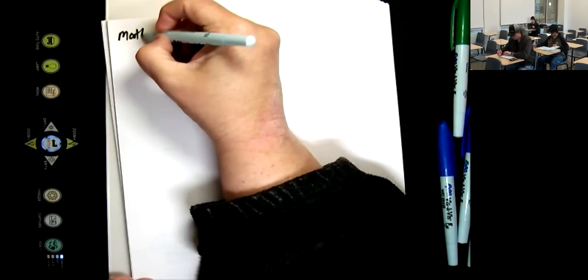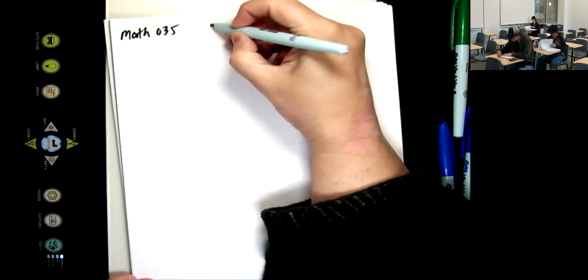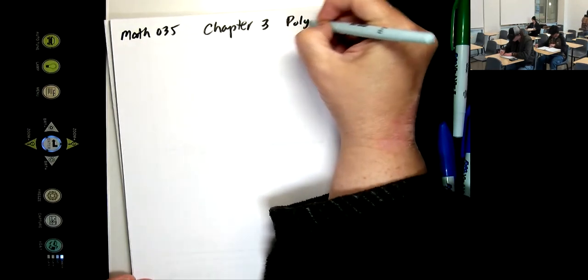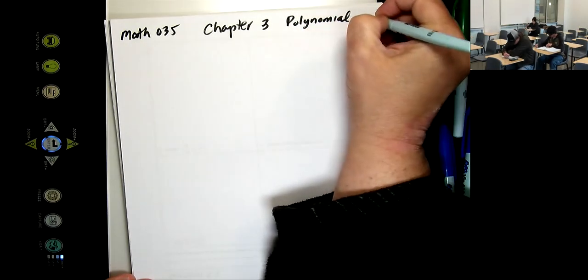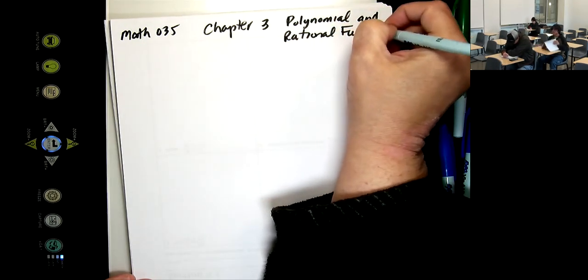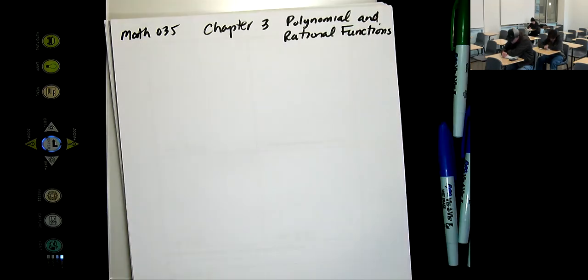All right, so let's take a look at what we're doing. We're starting chapter 3. Chapter 3 in general is on polynomial and rational functions. So we should define a polynomial function to start off with.